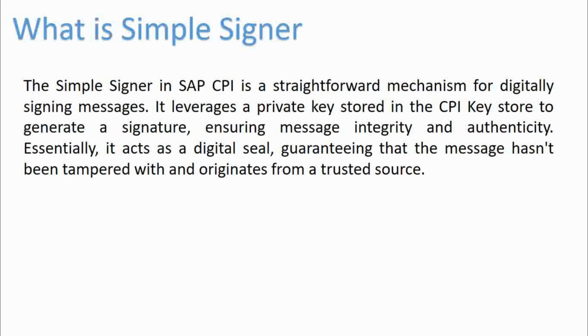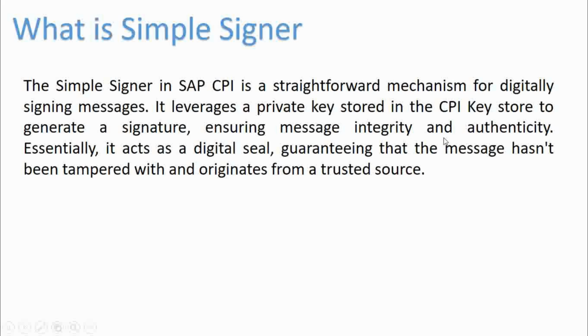It's very straightforward to understand: when somebody gives you a signed and sealed thing, it is an authenticated document. The same way, it acts as a digital seal, guaranteeing that the message has not been tampered with and originates from a trusted source.